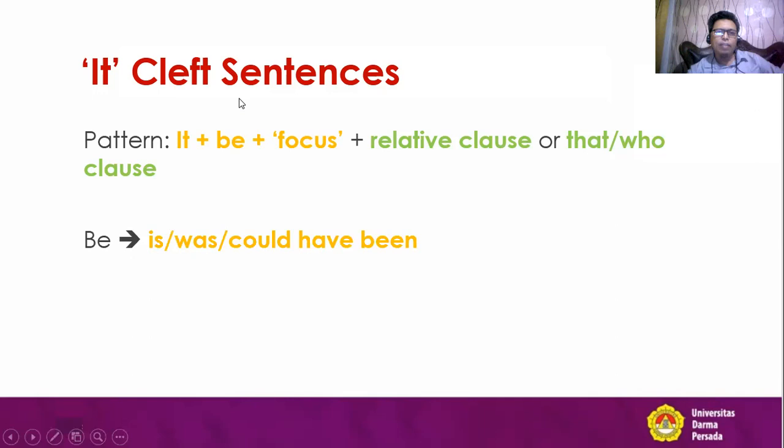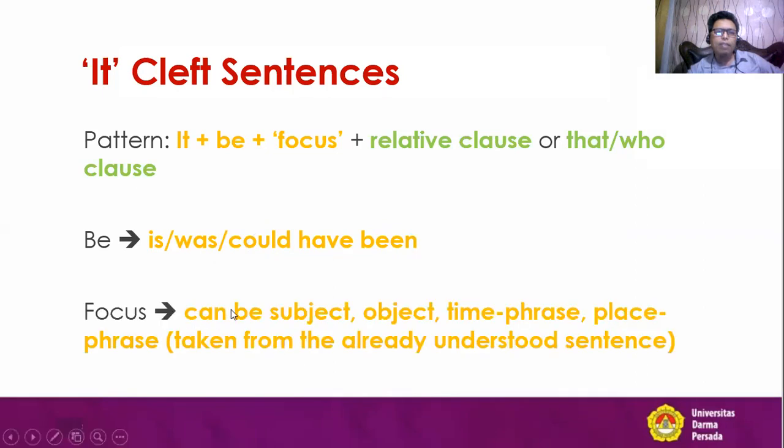Be, as you can find here, can be is, can be was, could have been. And then the focus, the emphasis, can be a subject, an object, a time phrase, a place phrase, and other things, but they are taken from the already understood sentence.